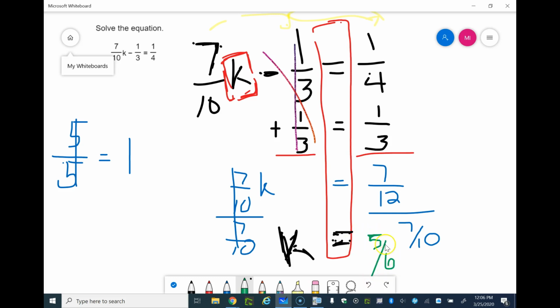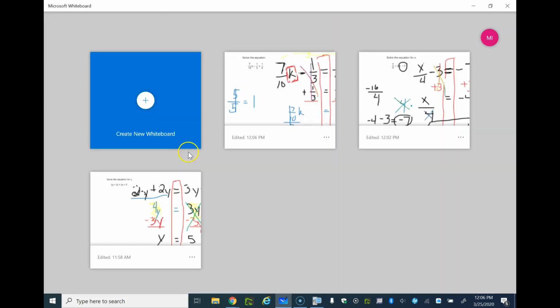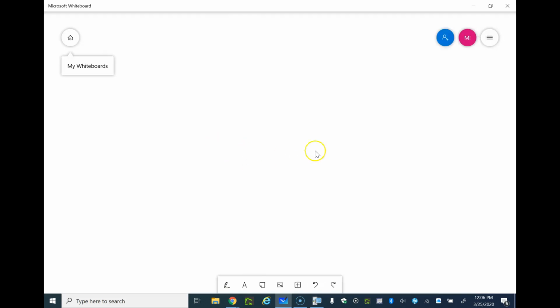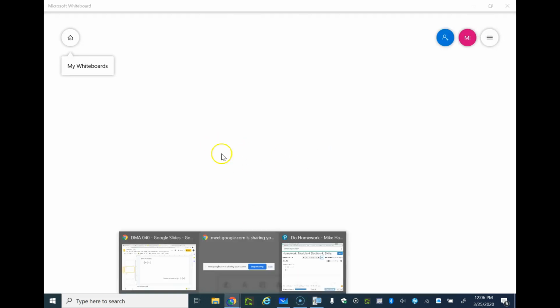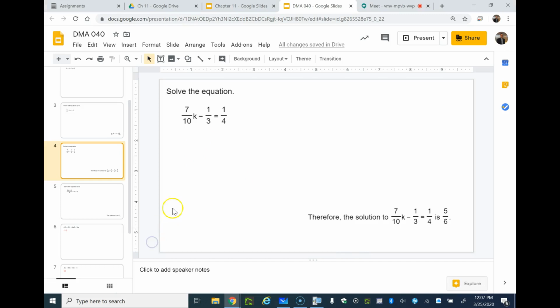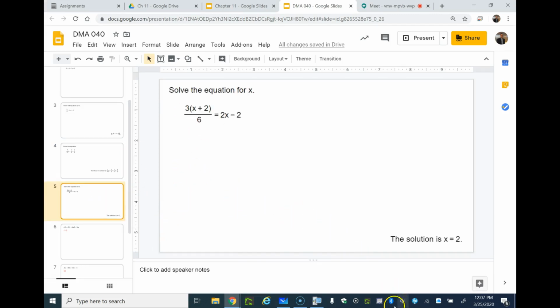So once again, to check your work, take 5 over 6, multiply it by 7 over 10, minus 1/3. We should get 1/4 to be our answer. I think now we're kind of ready to start a problem with a little bit more to it.